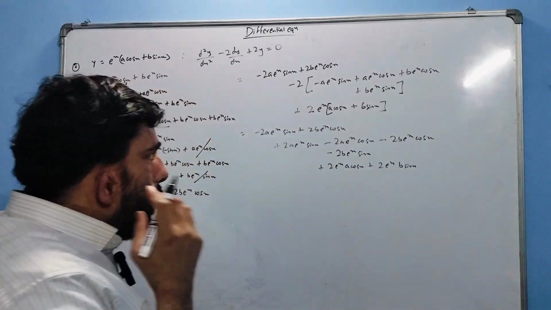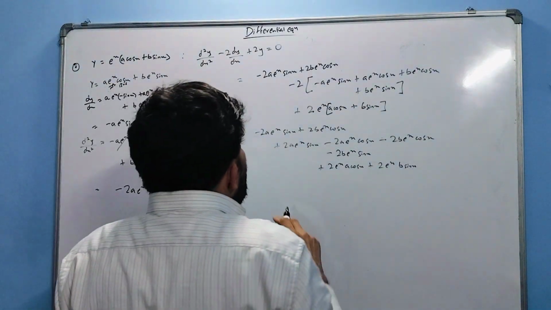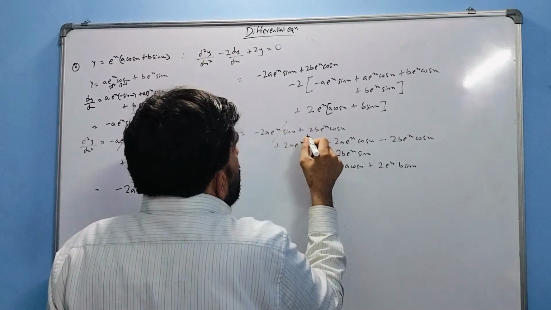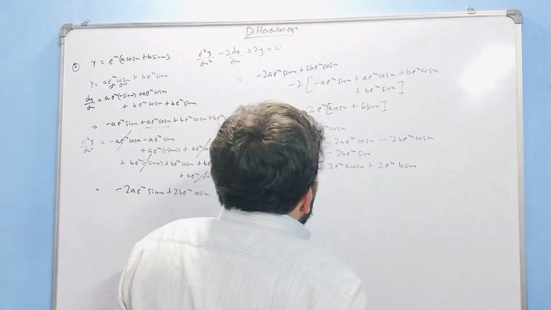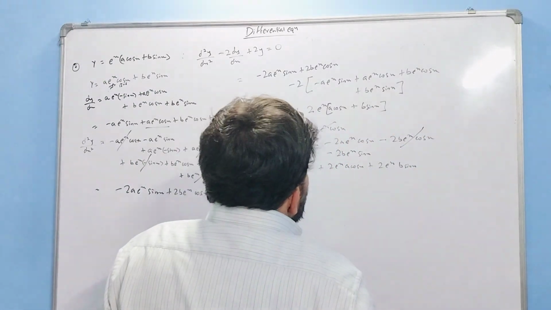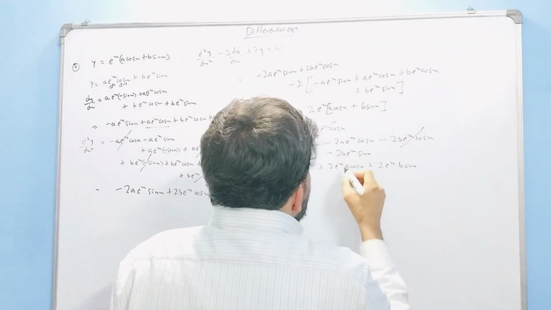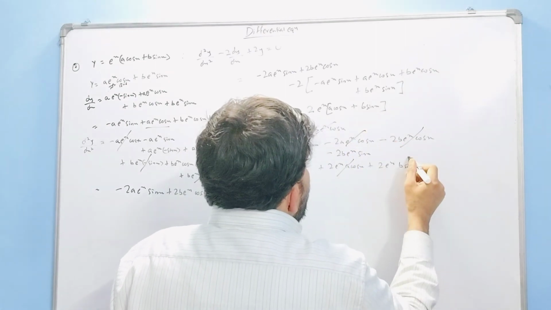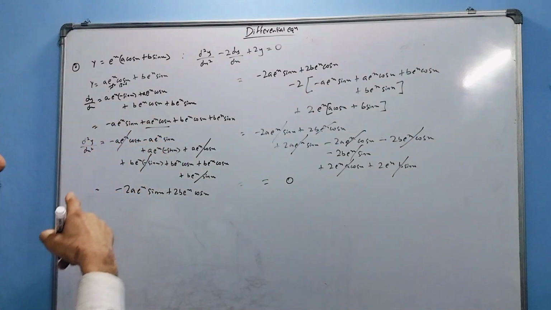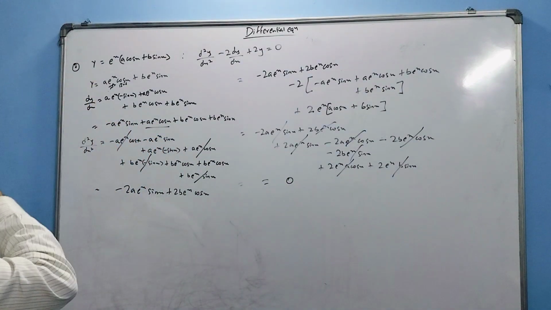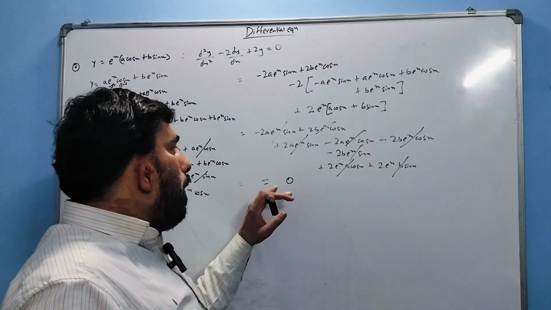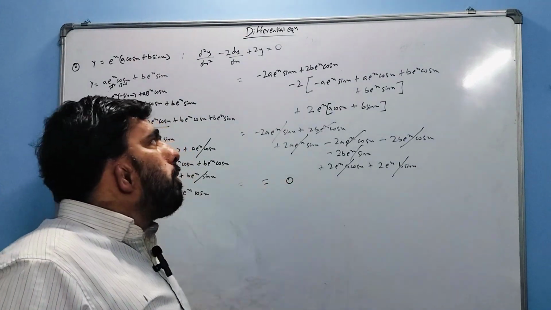Okay, so we have this. Now in a very simple way, minus 2 and plus 2 will be reduced, and 2b e raised power x cos x will be reduced. Now we have 2a cos x negative and positive, so we got 0. So we can say this is the solution of the given differential equation, because we got RHS equal to 0, which is required.